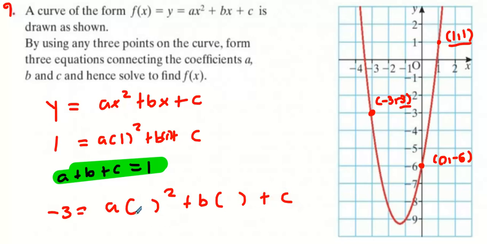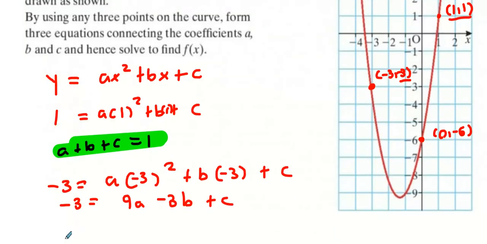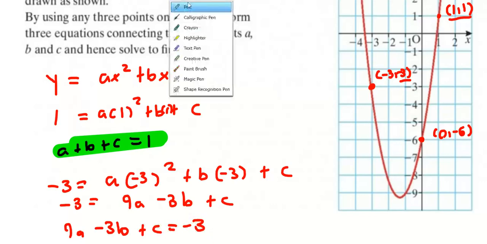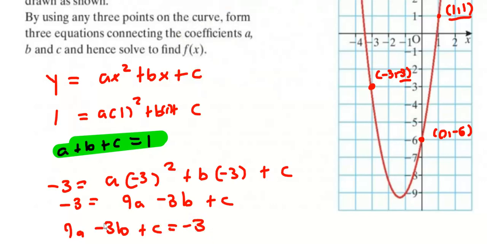Okay. And what we get is minus 3 equals 9a minus 3b plus c. Just going to reverse that around for us. Okay. And now you have your second equation then, don't you?